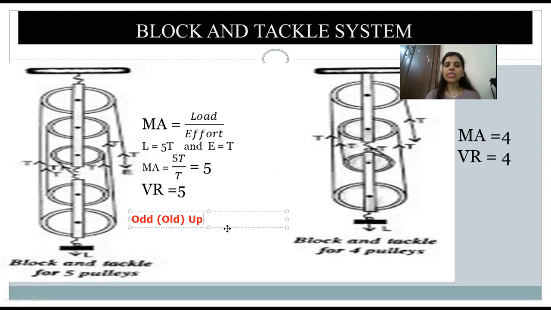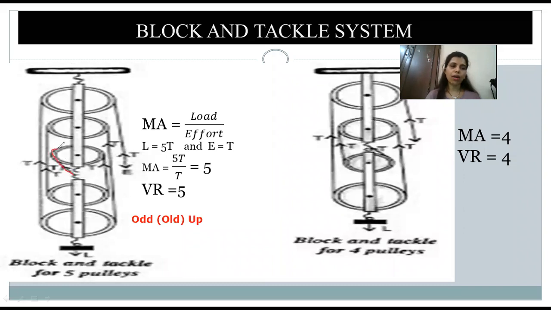Old means up. So you go from this hook in the upward position when you're drawing the circling of the string, when it is moving around the pulleys. When I'm drawing, I'll be drawing with the help of a pencil so that you will know; in the next slide, I'll show how to draw. Here you can see from here you're moving up from the downward.